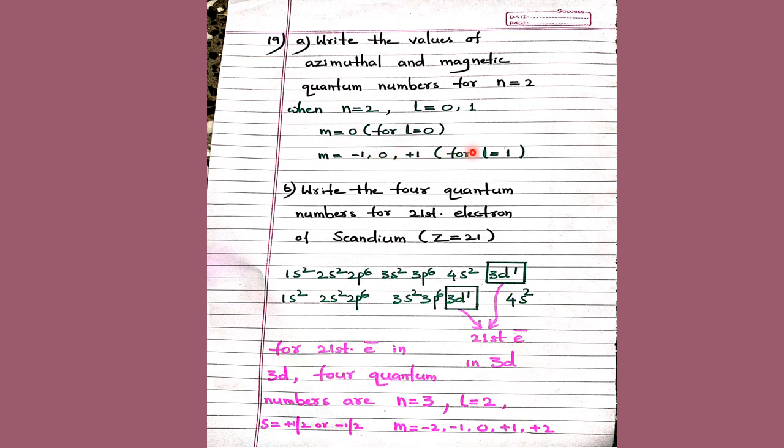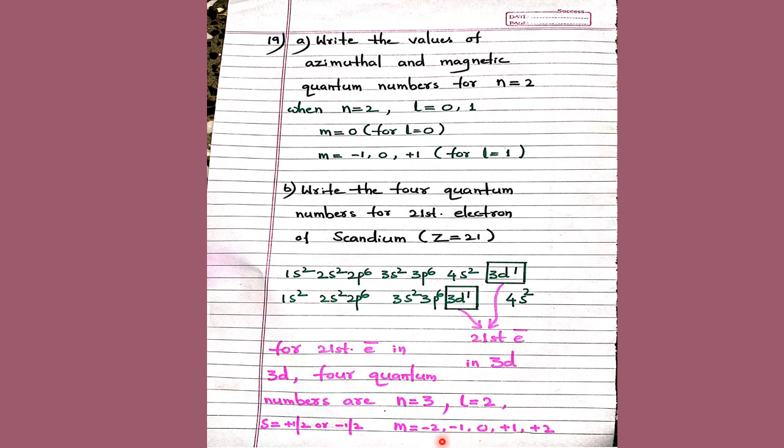Write the 4 quantum numbers for the 21st electron in scandium, the last electron, which is in 3d1. n equal to 3, d means l equal to 2, only one electron. Out of the 5 orientations, all the possibilities are there, but you take any one. Then what is the spin?